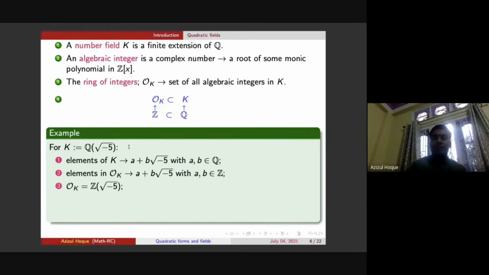And if D is congruent to 1 mod 4, then the discriminant is D itself, and if D is congruent to 2 or 3 mod 4, then its discriminant is 4D. And similarly, we have a theorem to characterize the ring of integers. So in this case, the ring of integers is this one. So thus we have this structure. This is just an example.